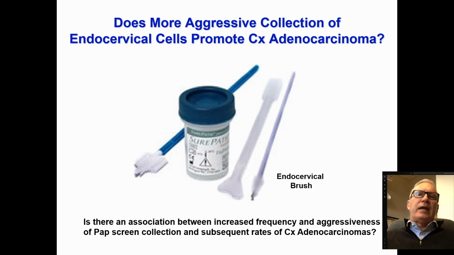The idea being that if younger women have ectopy, you may be sampling cells that are younger in areas that now are going to get infected and then recede up the endocervical canal, and then later in life you're no longer going to be sampling those. So we're basically potentiating trauma to the endocervical cells in areas that otherwise wouldn't be traumatized and subject to infection.